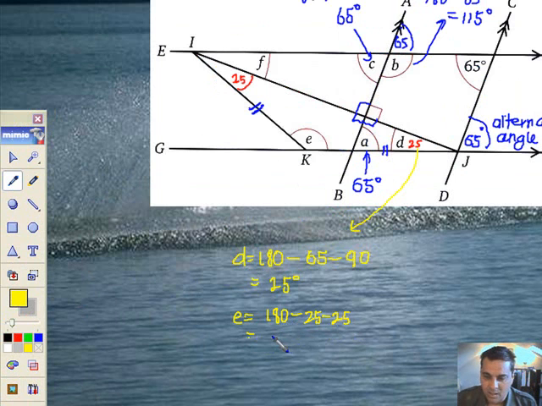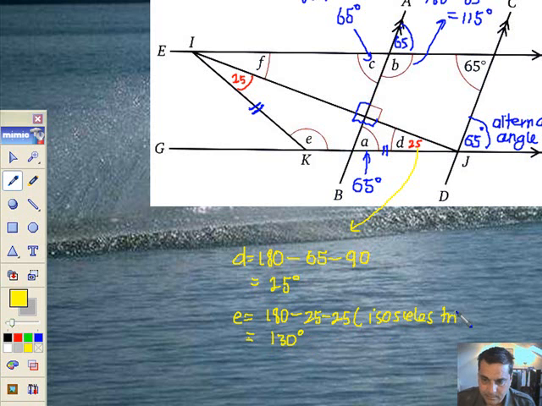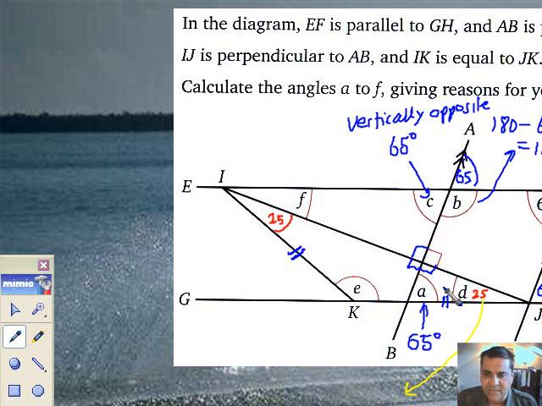And that's going to be 130 degrees because it's 180 take away 50, and that's what I've got there. So I'll put a little bracket here, isosceles triangle. So that's my justification for that. I'm giving my reasons. So E we've got, and after E comes F.